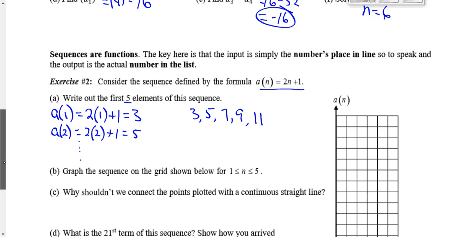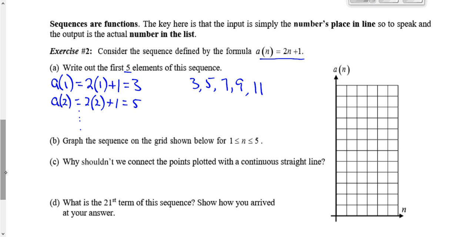Okay, now they want us to graph the sequence for n going from 1 to 5, which we have there right now. I've got to ask you a question before you start trying to graph this. Are we going to plot these points and then draw a line through them? Why not?